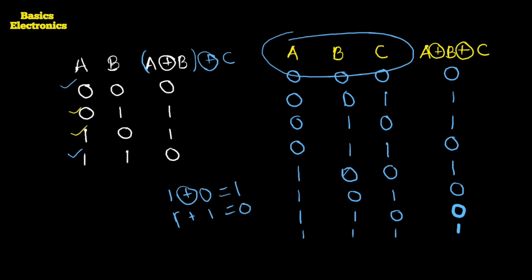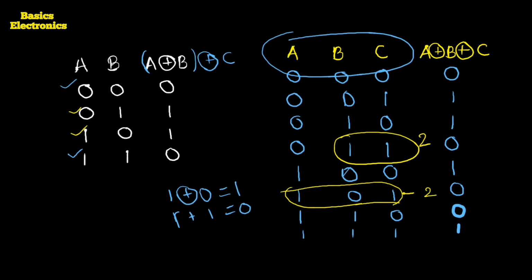See here at this entry, even number of logically high inputs, only 2 inputs from 3 inputs are logically high, and 2 is what? 2 is the even number. Here in this entry again, the 2 inputs A and C, these two are 1 1, these two are high, so again 2 is the even number.